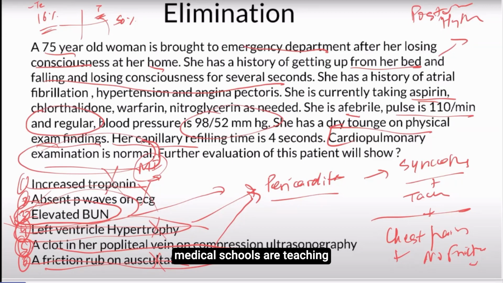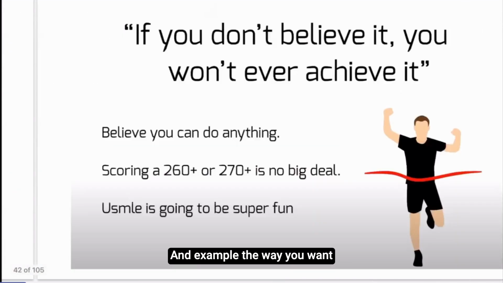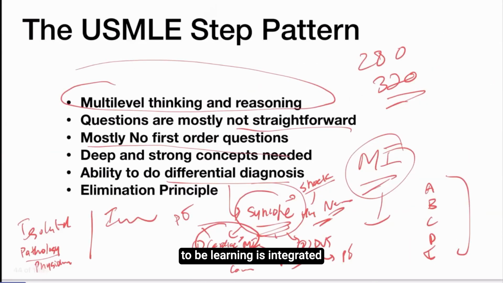And that's the problem. Our medical schools are teaching us how to do isolated learning, which doesn't typically come in handy in real-life scenarios. Just learning biochemistry without combining it with pathology and anatomy doesn't give you the best results. The way you want to be learning is integrated approaches, which we'll talk about, where you look at a certain condition and dissect it through the lens of biochemistry, anatomy, physiology, pathology, and then interconnect all of them.